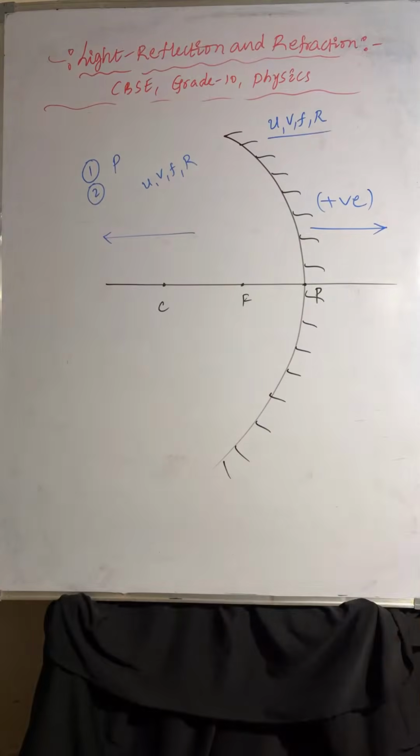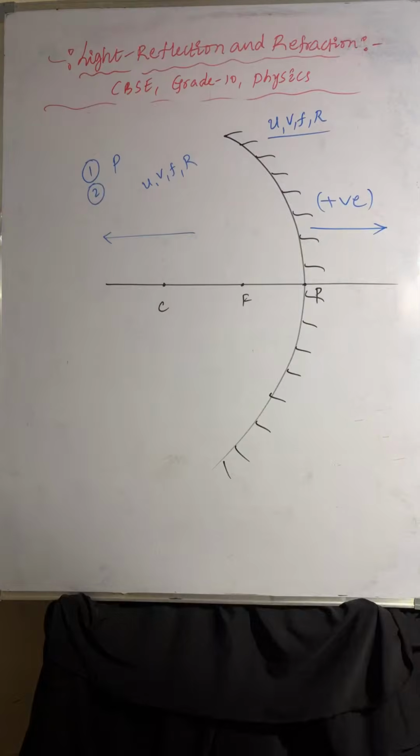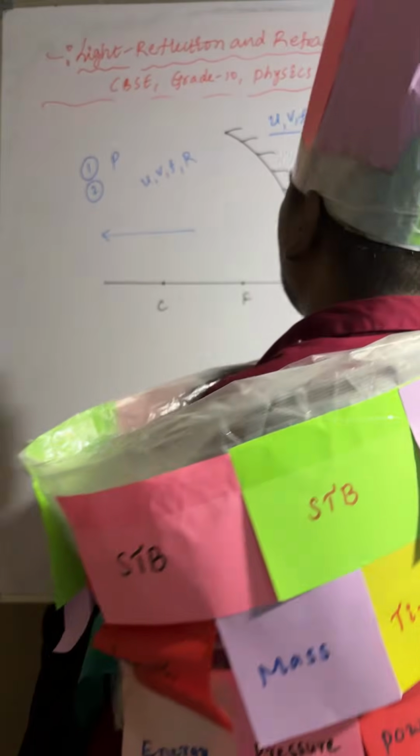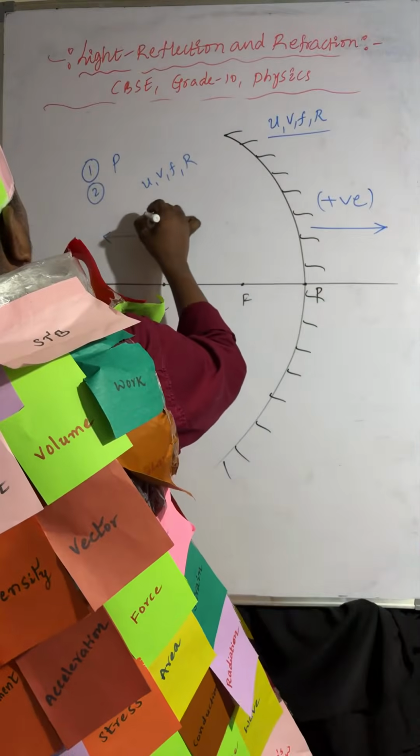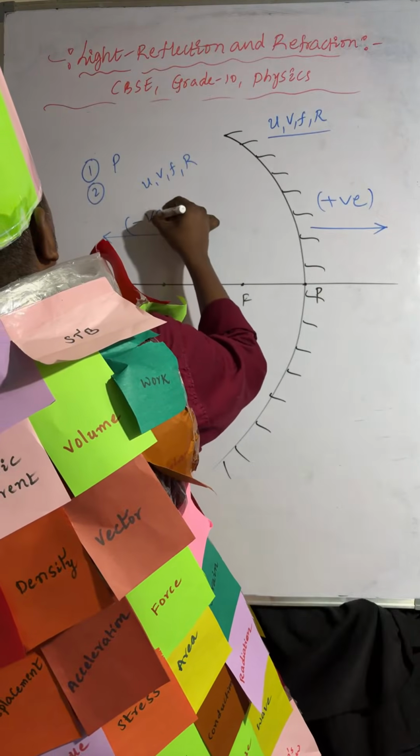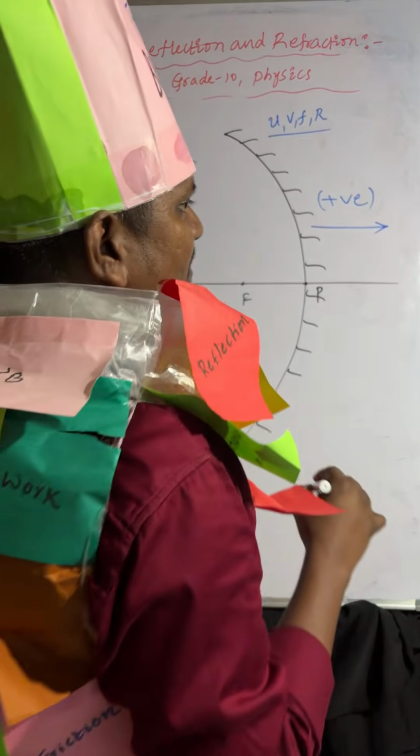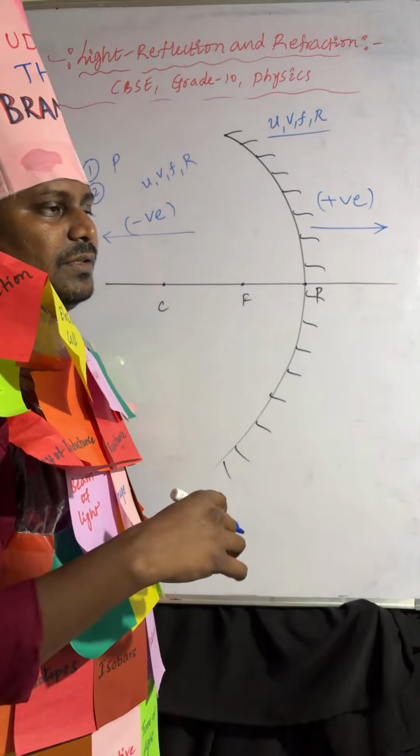All measurements are positive along the direction of incident rays. Point number two: opposite to incident rays direction, all measurements are negative.